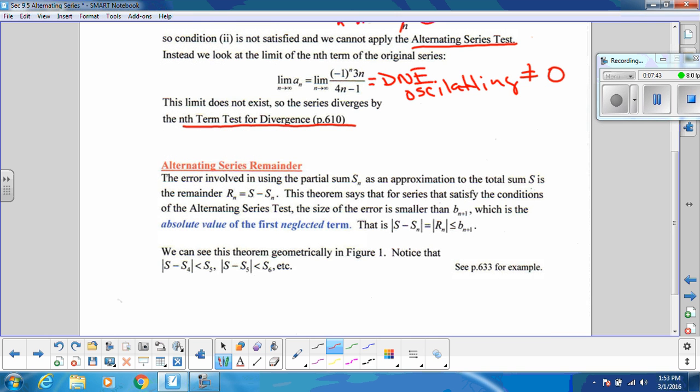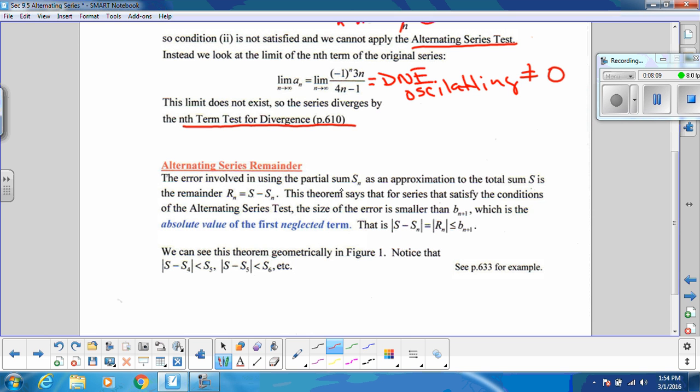If we use the alternating series, we can estimate what the partial sum is. Remember, we can't always figure out what the sum of a series is, right? We could only do that for geometric and some telescoping. So we can estimate the sum if we have an alternating series test series. And here's what we say about that.